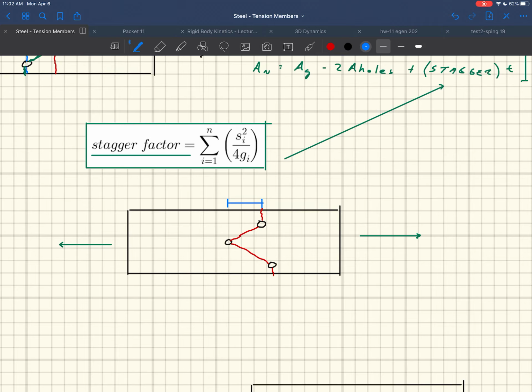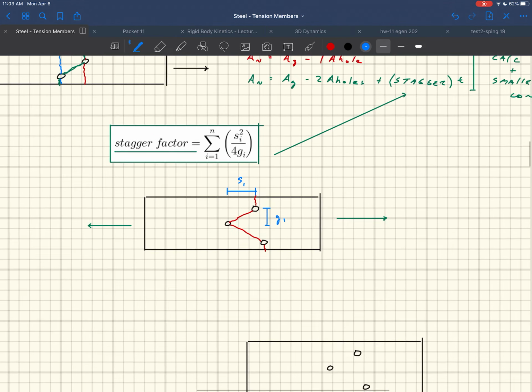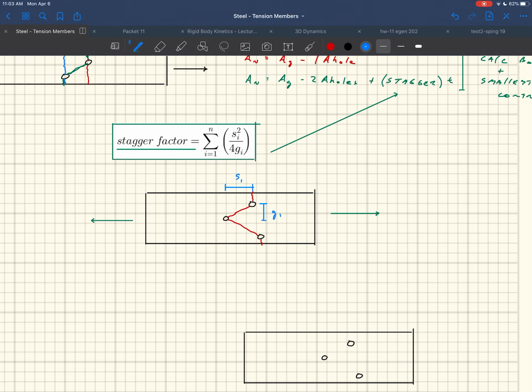S1 is the distance parallel to the applied load, okay? And then your g_1 would be this. G1, okay? So that's the s_1 and g_1. G is the distance perpendicular to the load. The gauge is what that stands for, and the s is the spacing, okay? And that's the parallel to the load.